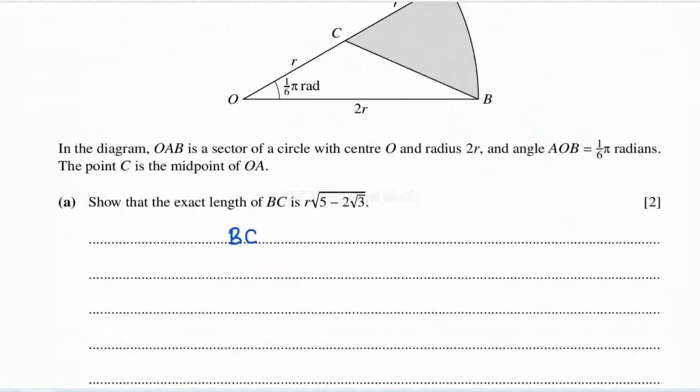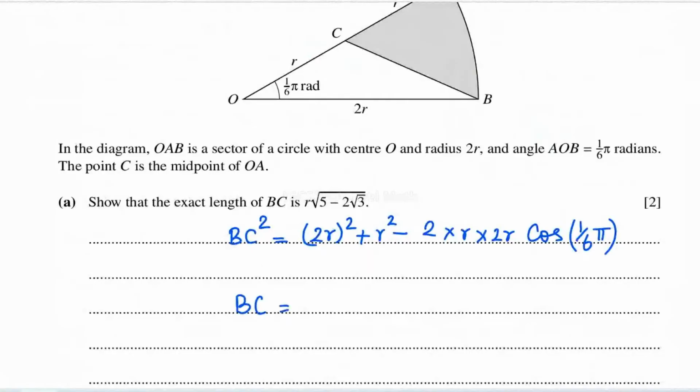So BC square equal to 2r square plus r square minus 2 multiplied by r multiplied by 2r multiplied by cos 1 over 6 multiplied by pi. So BC square equal to 4r square plus r square is 5r square minus 4r square cos 1 over 6 pi, which is square root of 3 over 2.